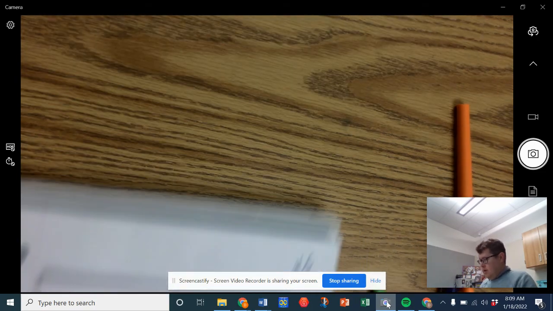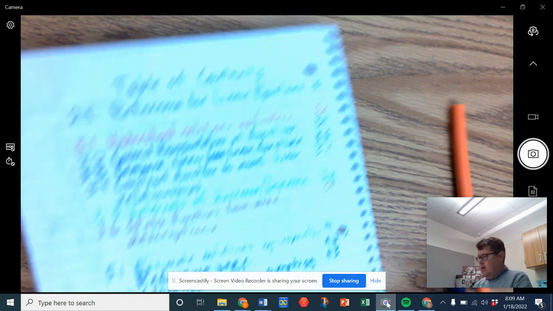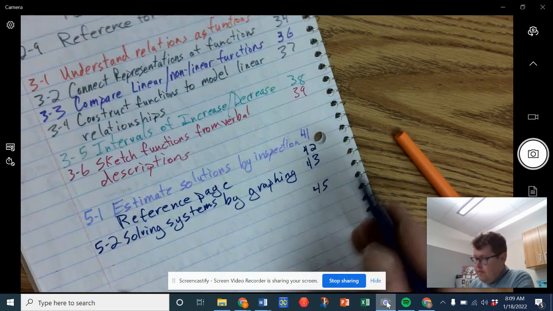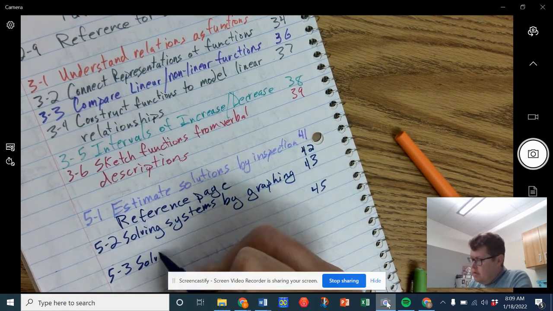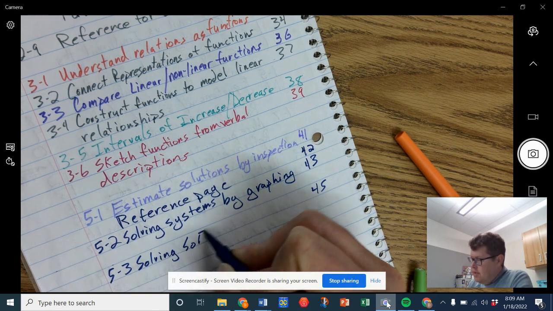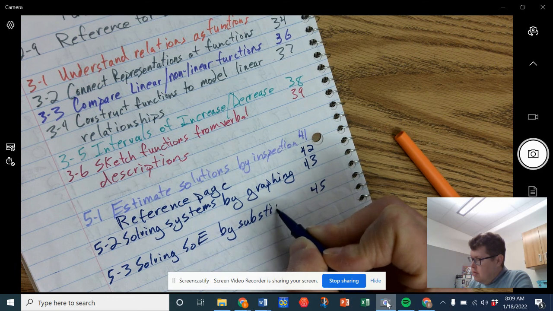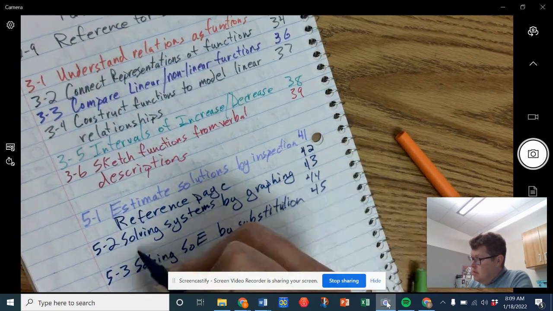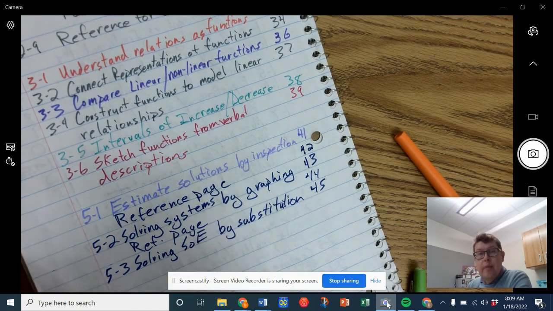So, page 45, this is 5-3, solving systems of equations by substitution. I always have to think about how to spell that. Okay, guys, there you go.